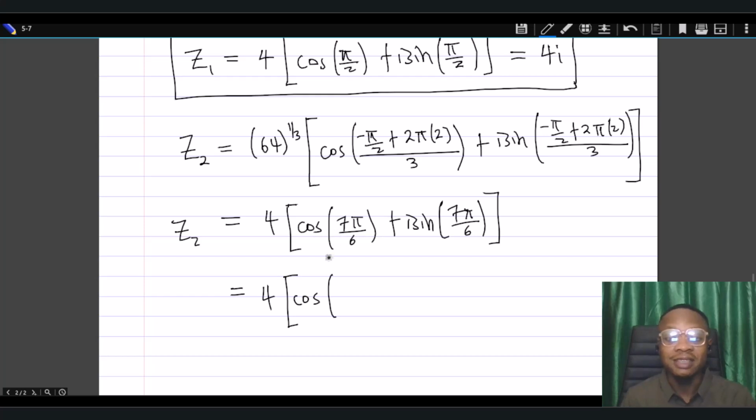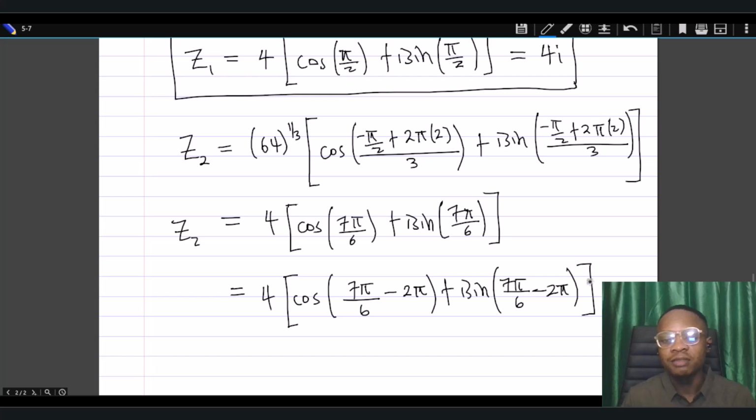These are the values of the sines and cosines here. So this is going to be equal to 7 pi divided by 6, then minus 2 pi. Then we have plus i sine, this is going to be 7 pi divided by 6 as well, minus 2 pi.